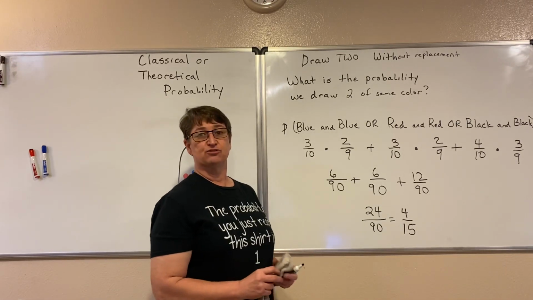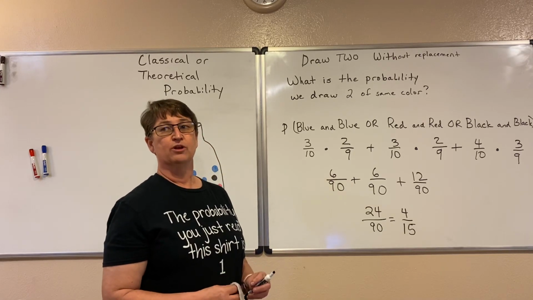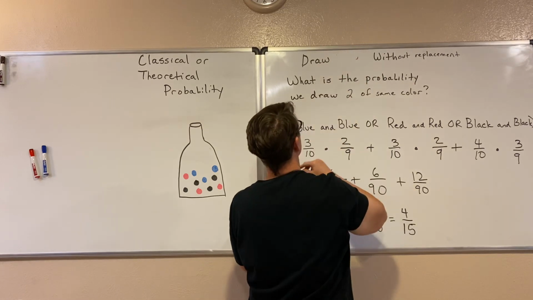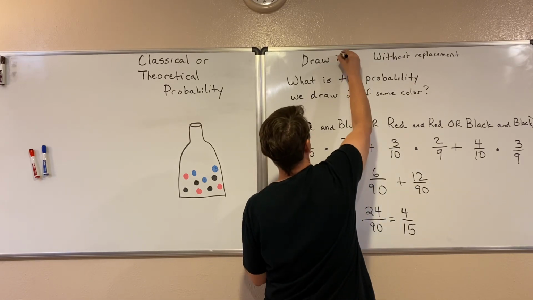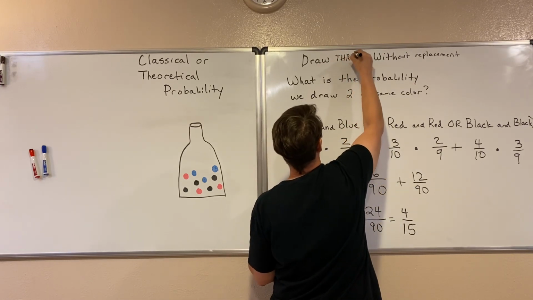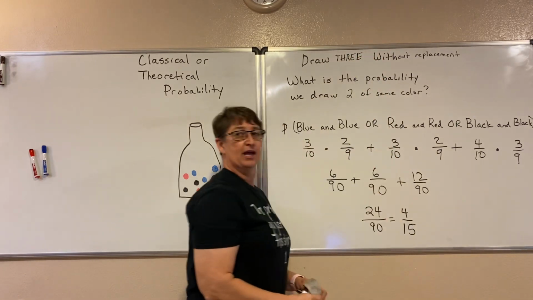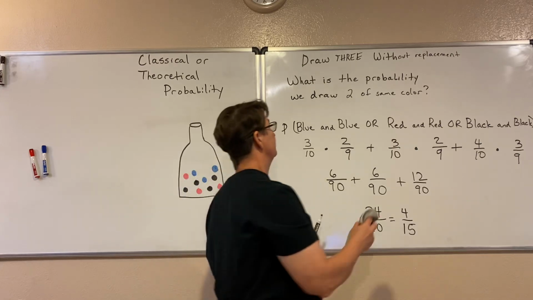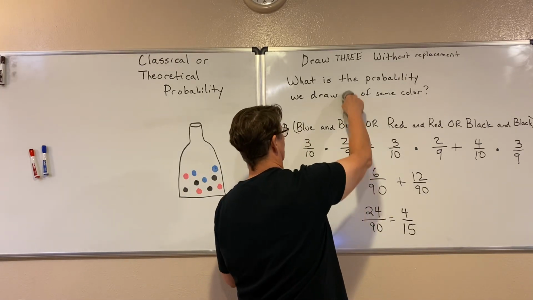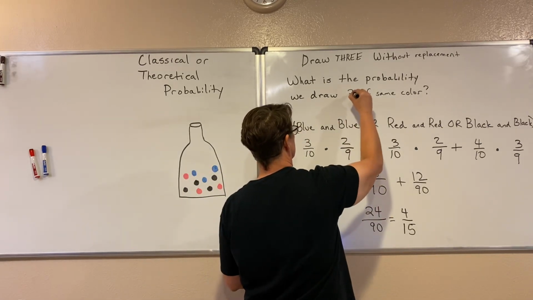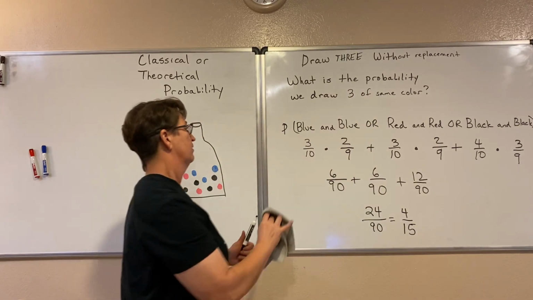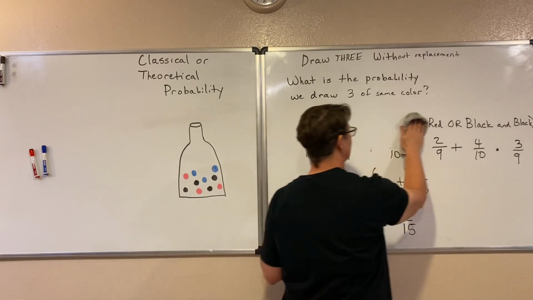Let's change this and make it just a little more difficult by drawing 3 marbles. So now let's draw 3 out of the urn. And let's get 3 of the same color. So there are several ways we could do this.